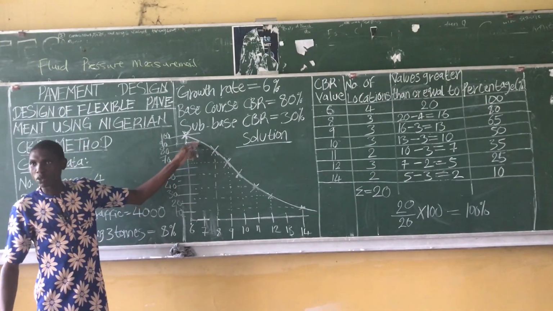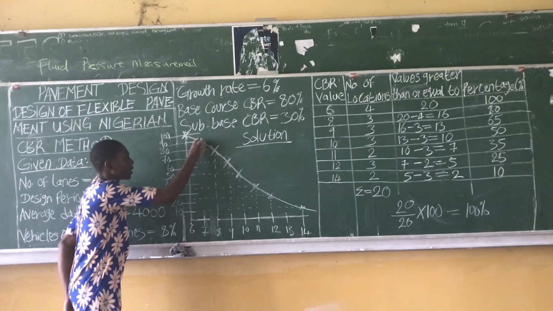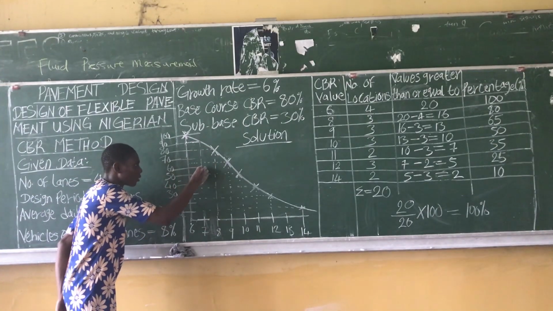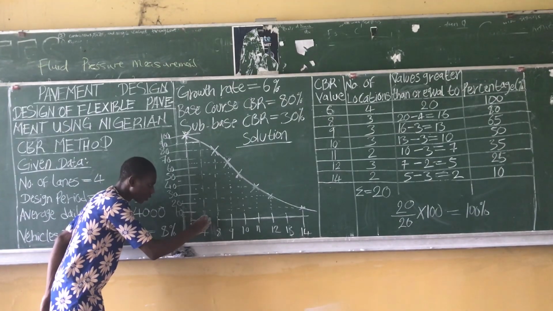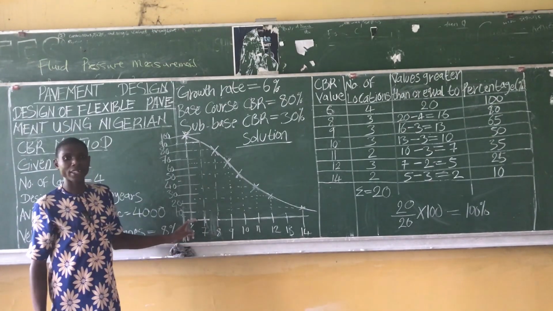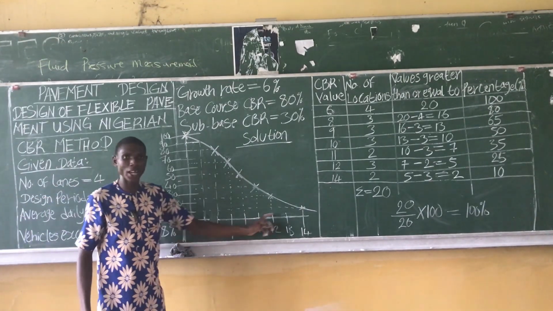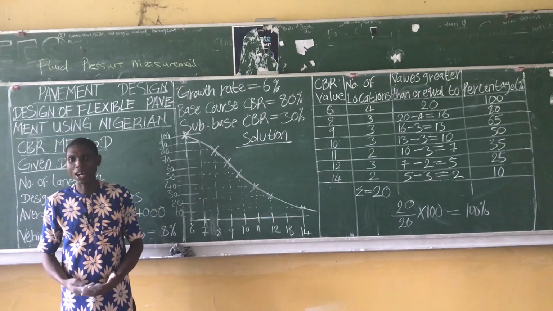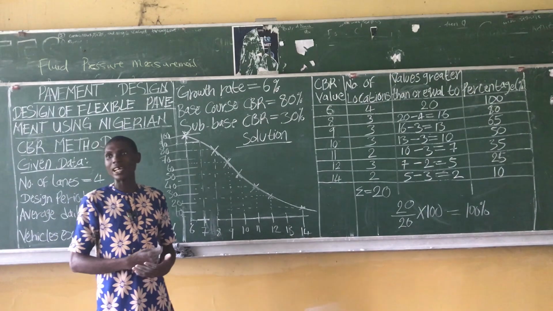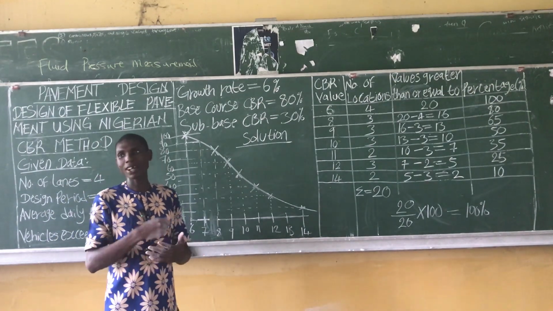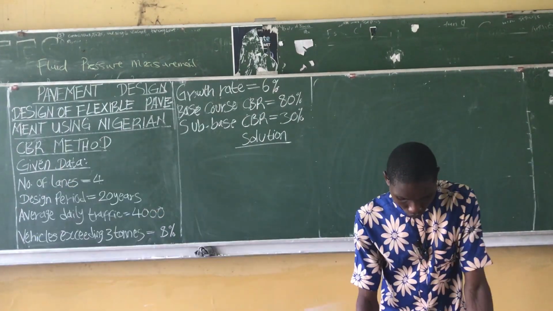Getting to that point, we simply draw a vertical line downwards. Where this line cuts the CBR line is our CBR value, the 90th percentile CBR value that will be used for our subgrade.